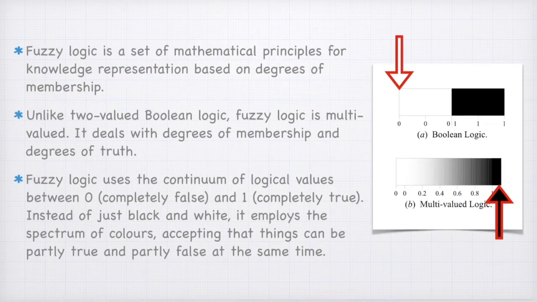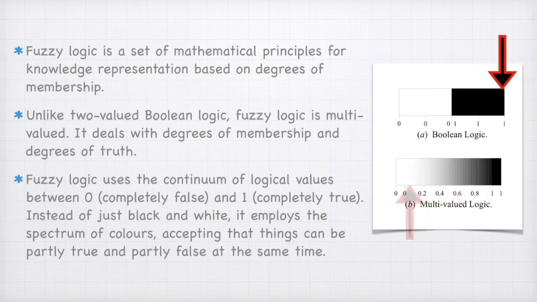In fuzzy logic, a set of mathematical principles for knowledge representation is based on degrees of membership. Unlike two-value Boolean logic, which has only two values, true or false, on or off, 1 or 0, fuzzy logic is multi-valued. It deals with the degree of membership and the degrees of truth.